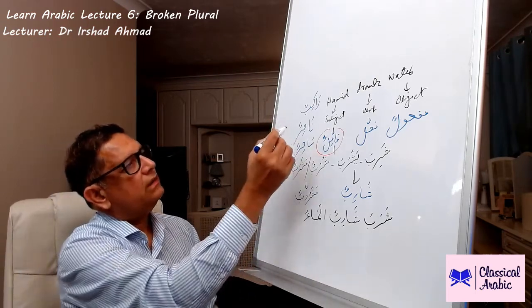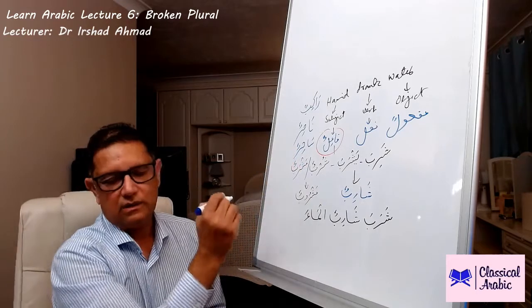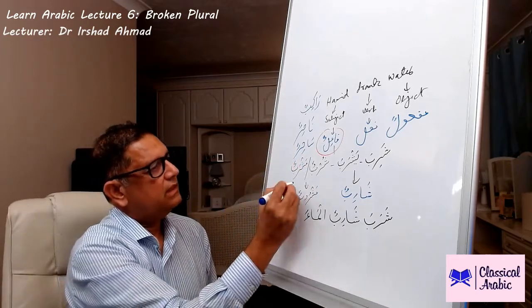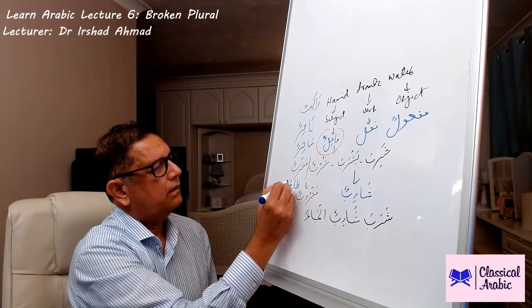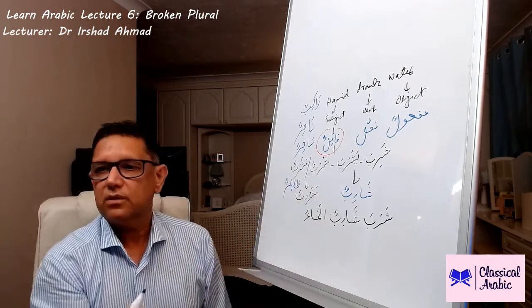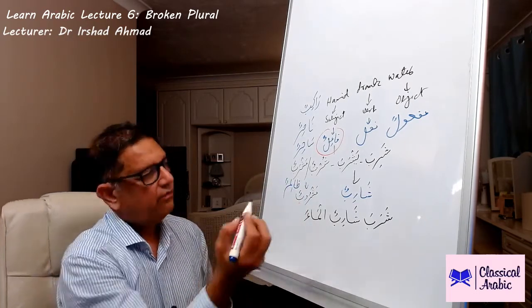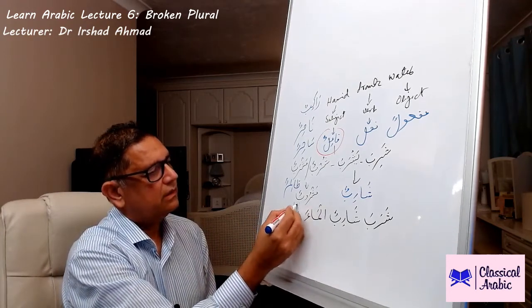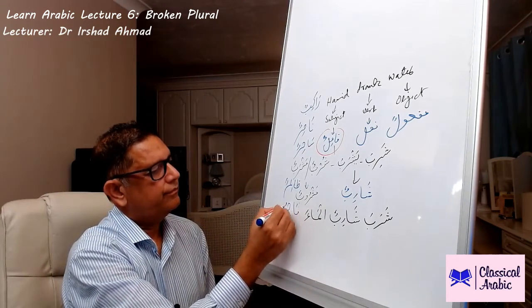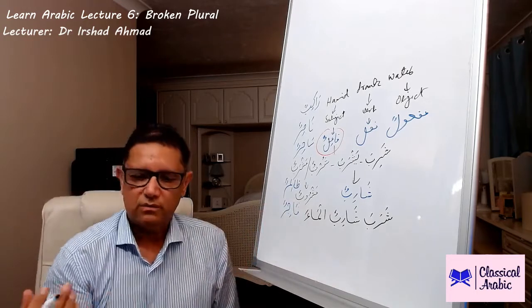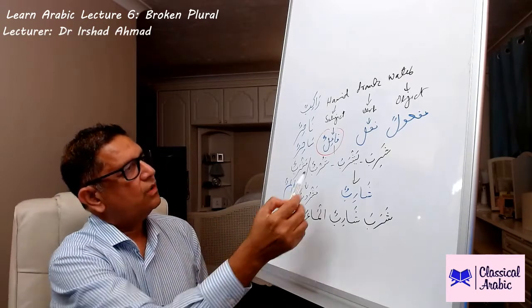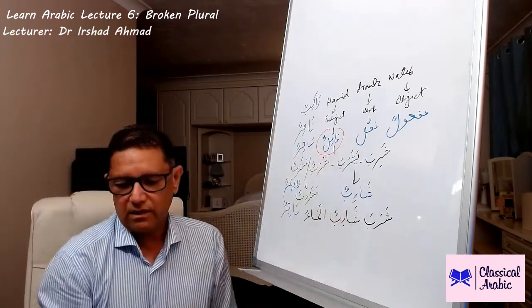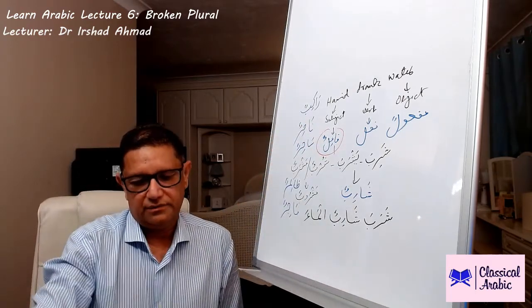So Rakibun, Nasirun, Sahirun. Similarly we have Zalimun, the person who commits cruelty, for example. Fajirun, the person who commits sin, a sinful person. So all these are on the pattern of fa'ilun.